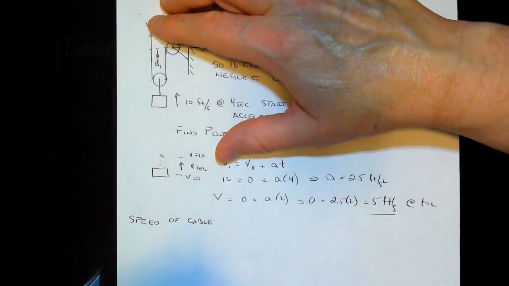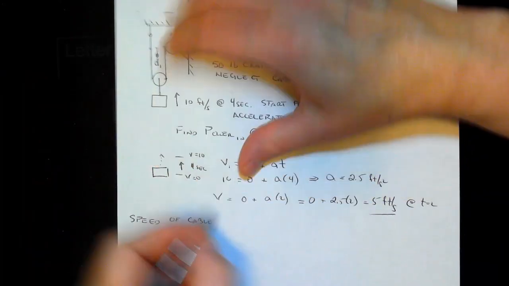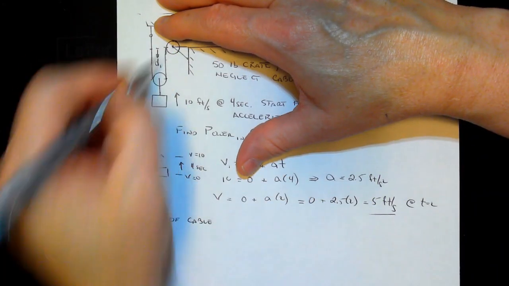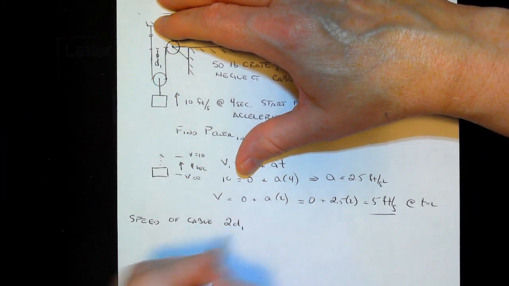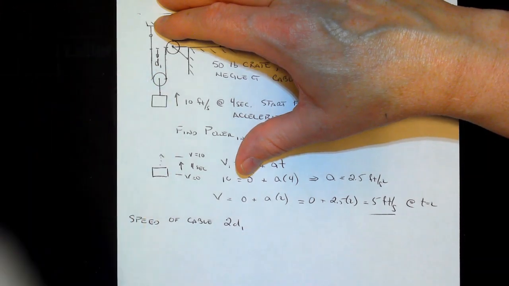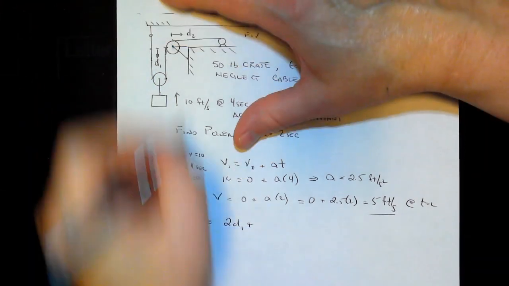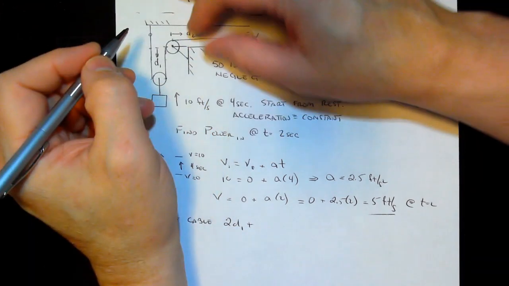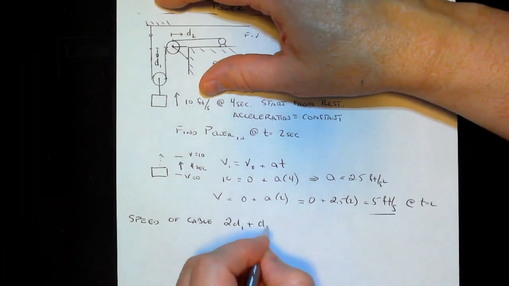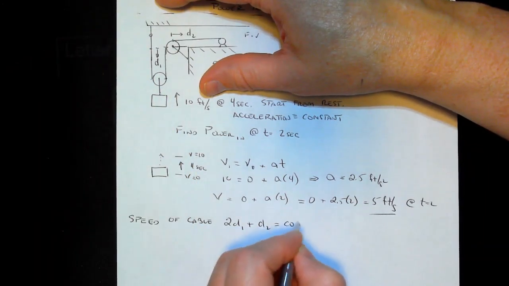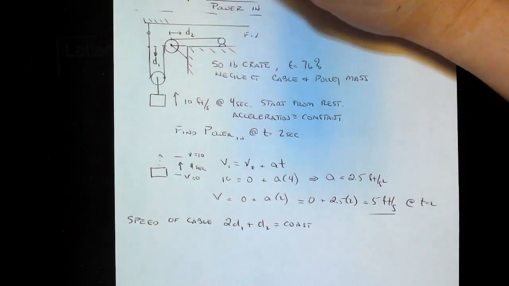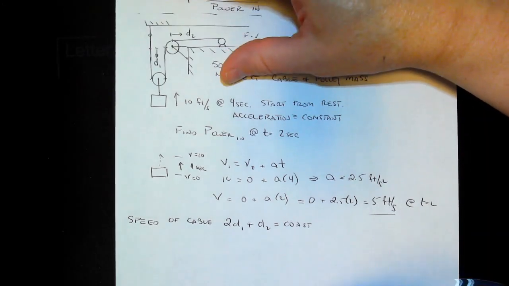So here's what we have. This plus this, so 2D1, and I'm measuring that positive down at the moment, plus this distance coming off here too, equals a constant. Why is that useful? I can take the derivative.